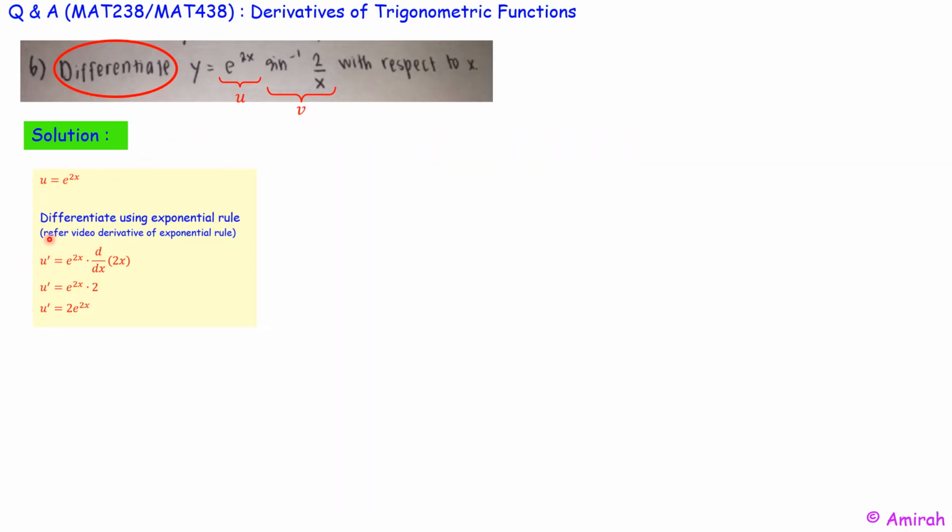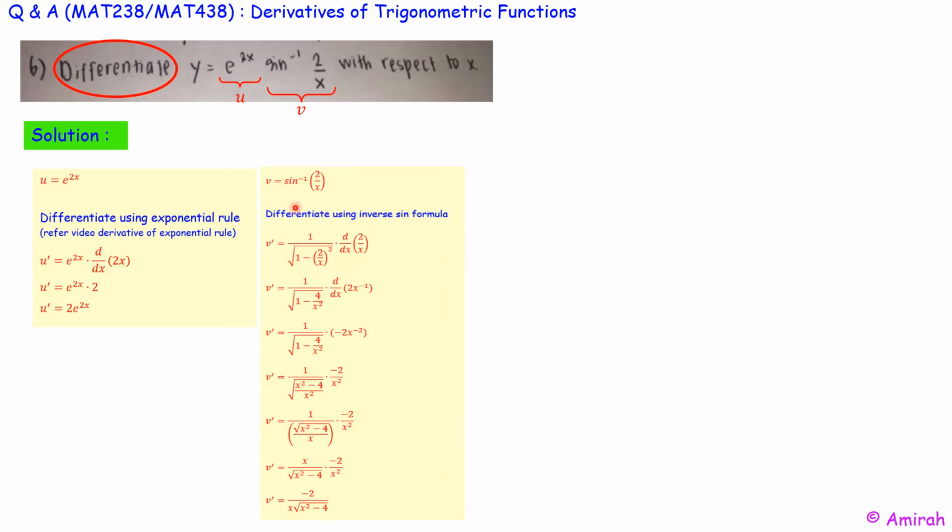After we find u and u prime, we need to find v and v prime. Our v equals inverse sine 2 over x, and after we differentiate v, we have v prime. How do we differentiate inverse sine 2 over x? We need to use the inverse sine formula.